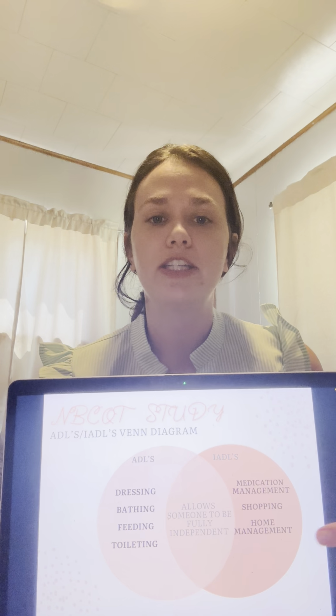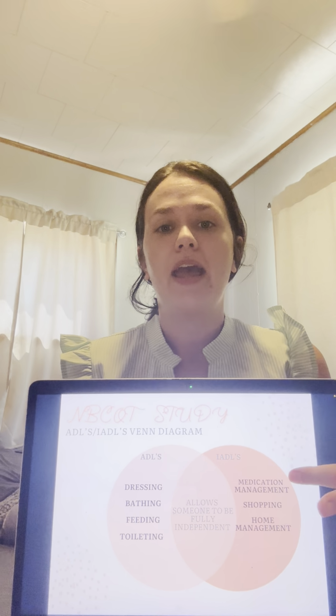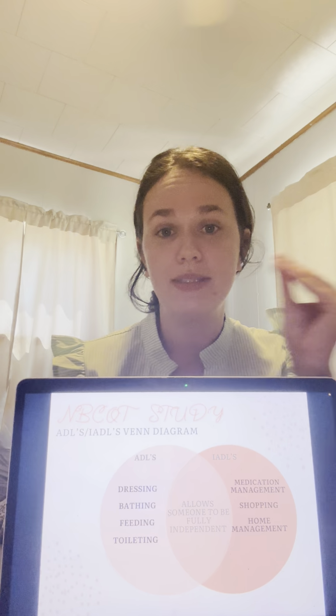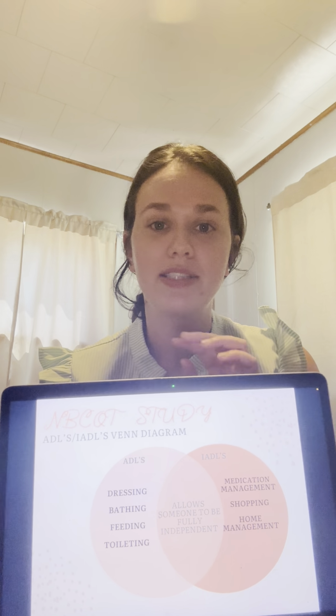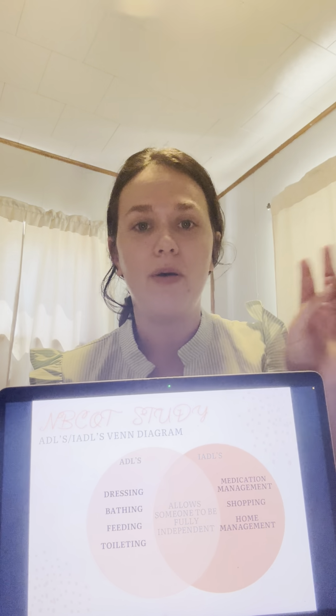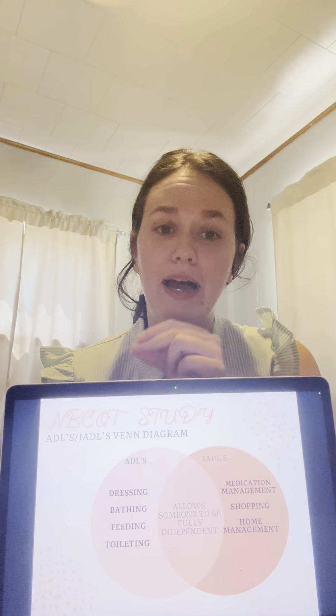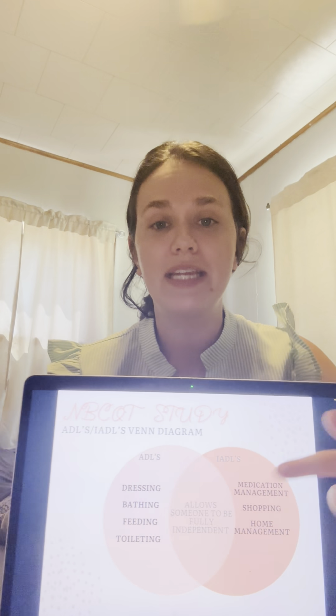Especially shopping in today's world, you can get groceries delivered to your house. Home management, you can have someone come clean every other week. And medication management, there are programs where the medicine gets delivered to your house, and it's all sorted out for you for each day and time. And you can set an alarm to cognitively remember to take them. So together, this allows someone to be fully independent.